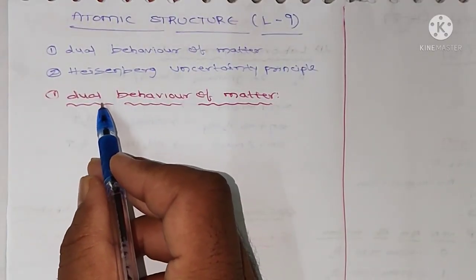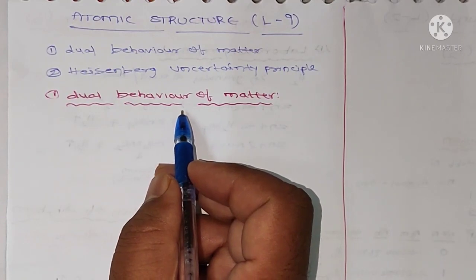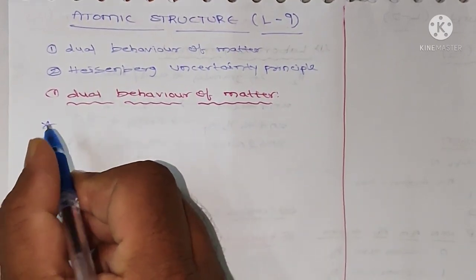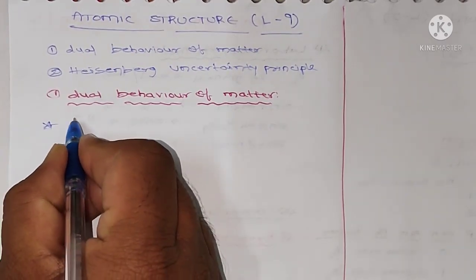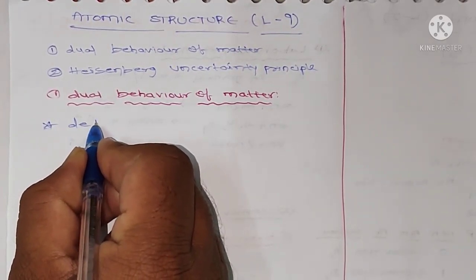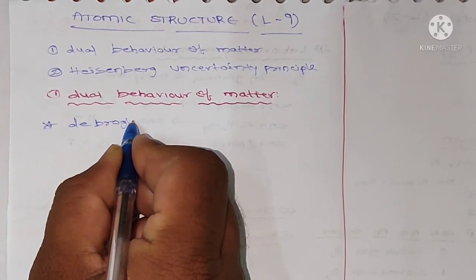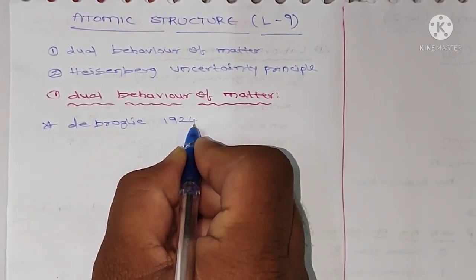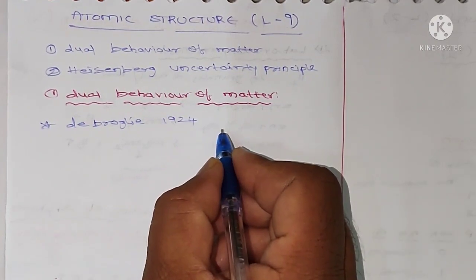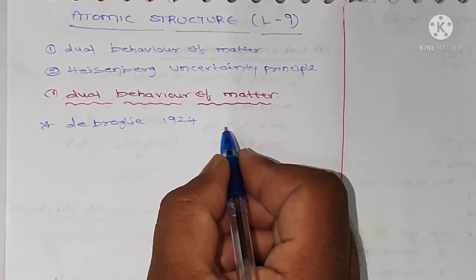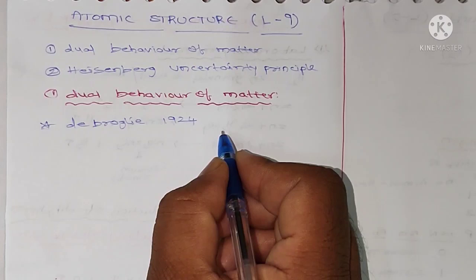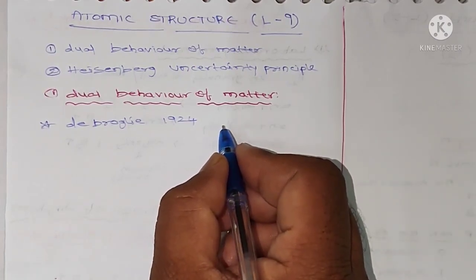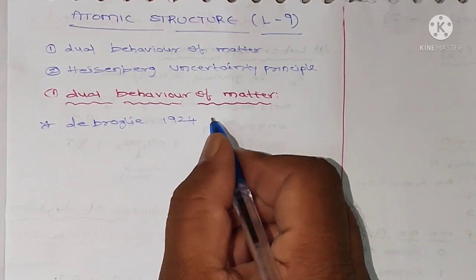Let us discuss the first one, dual behavior of matter. De Broglie in 1924 proposed that matter exhibits dual behavior. That means it has particle nature and wave nature.